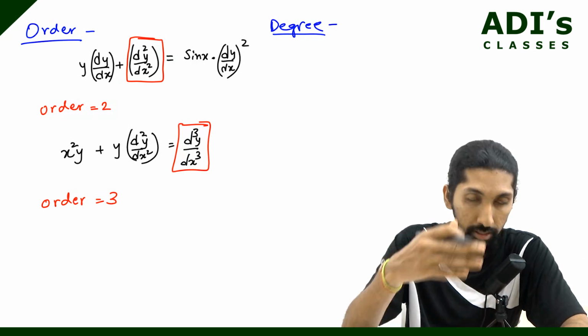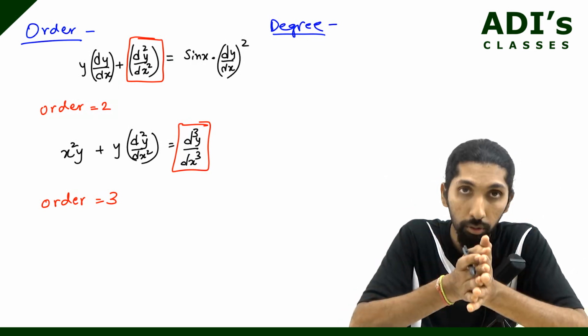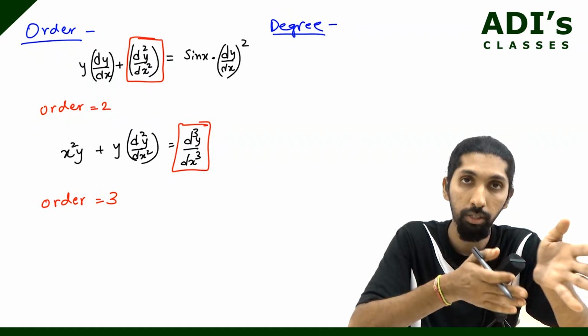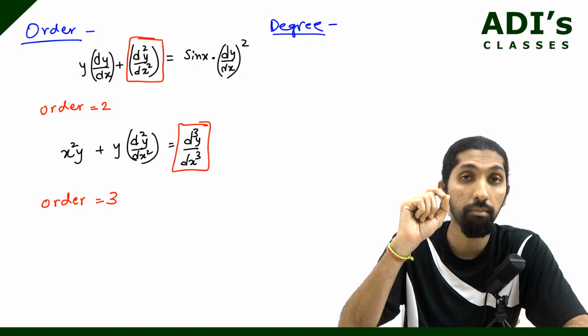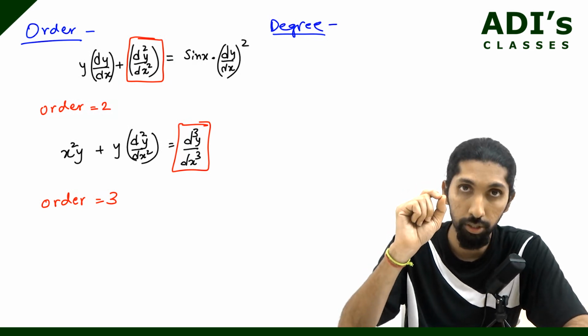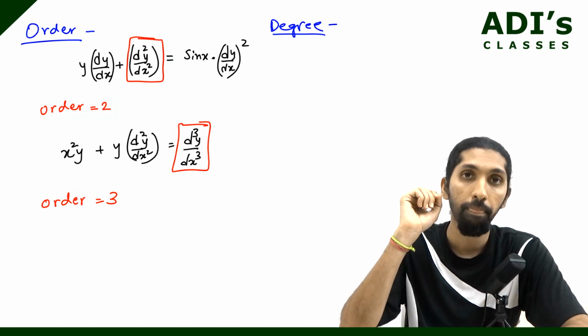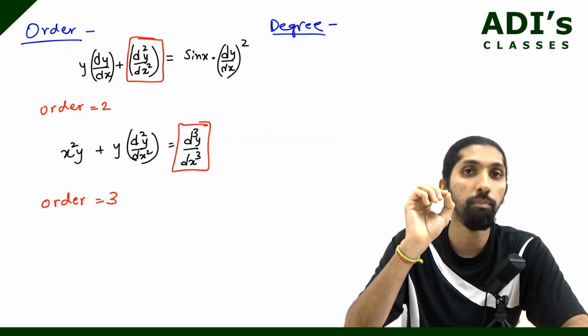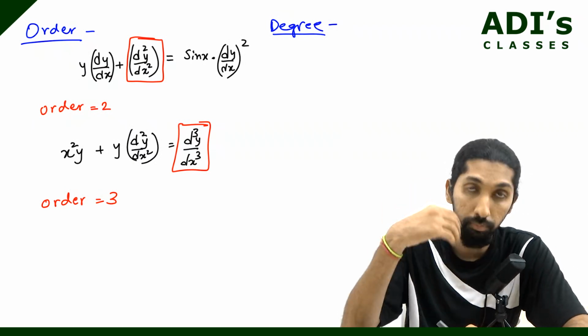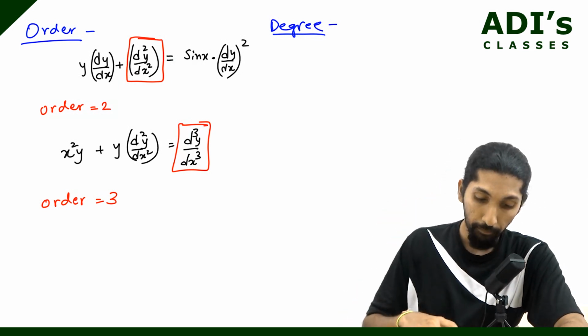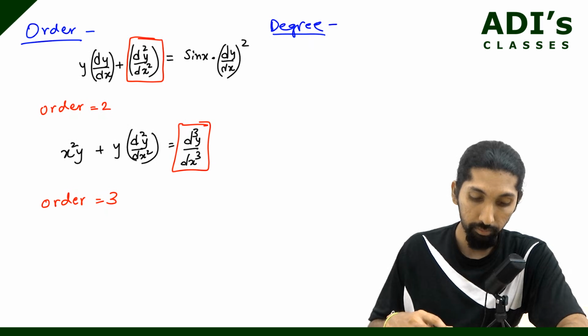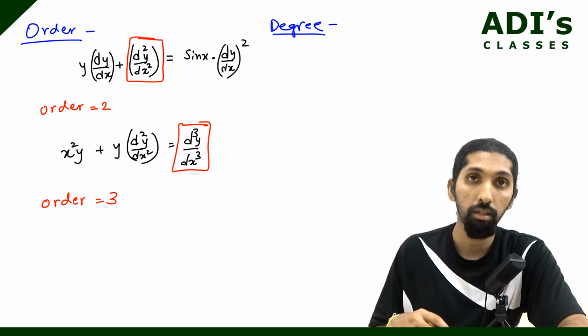Okay, let me repeat this again. If you look at the order of the differential equation, you are looking at the highest derivative of the differential equation, correct? Look at the power of that particular derivative. So here, my maximum derivative is d square y by dx square, right?